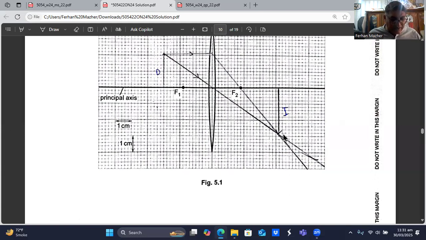If I divide 2.8 by 2.1, I get 1.33, and it is in the range which the marking scheme gives. So there is no problem with this. The only problem is she used the digit 3.8. I don't know from where she got that.